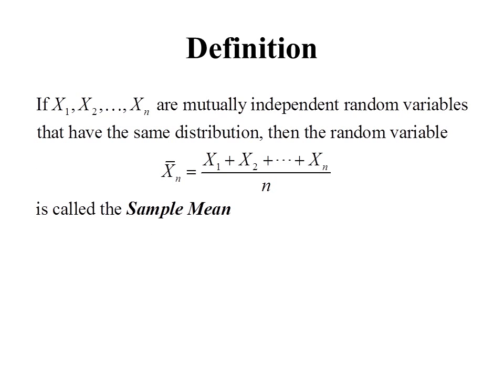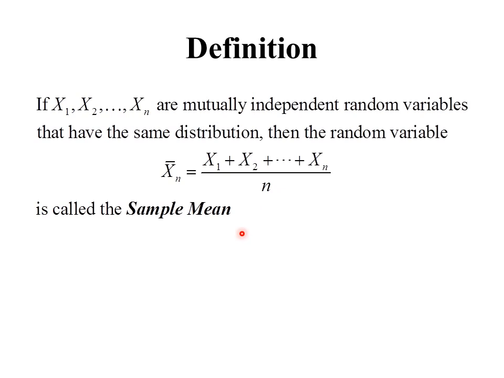Now, the central limit theorem deals with a specific random variable that we call the sample mean. Here we're going to define this random variable. If x1, x2 up to xn are mutually independent random variables that have the same distribution, then the random variable we denote x bar sub n, which equals the sum of these n random variables divided by n, is called the sample mean.